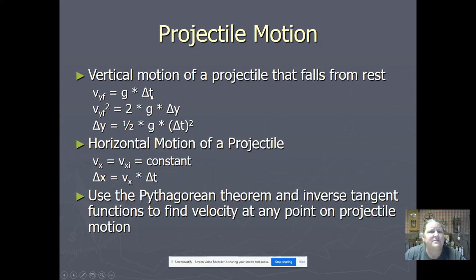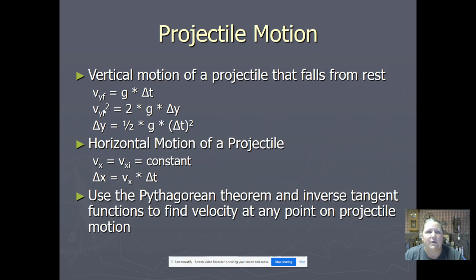These formulas should look very familiar. These are the same formulas that we have used before. If you don't know time, but you know the height, your delta y is your vertical component. You always know g, so you can figure out the final velocity when it hits the ground.